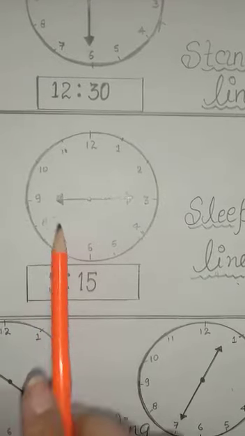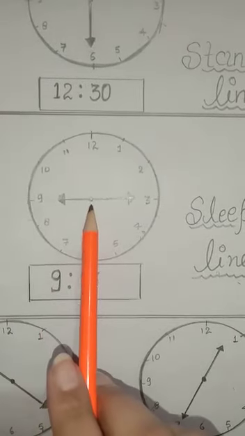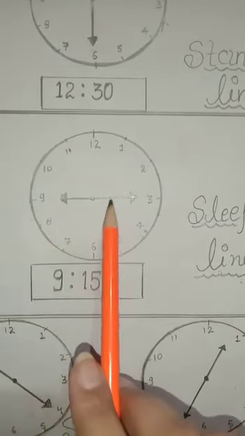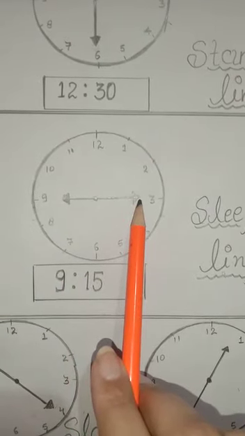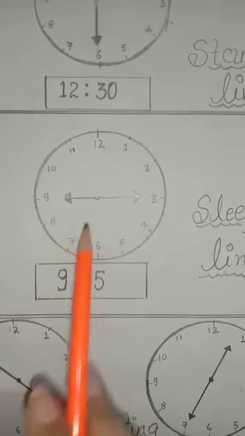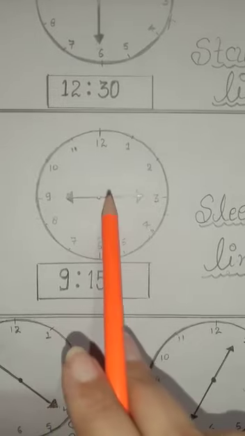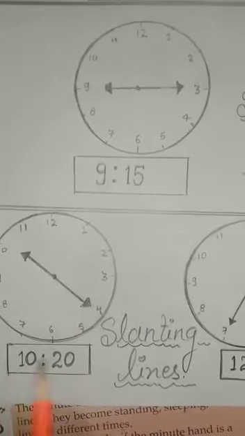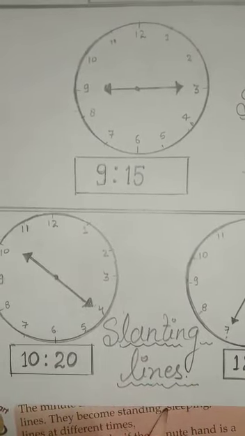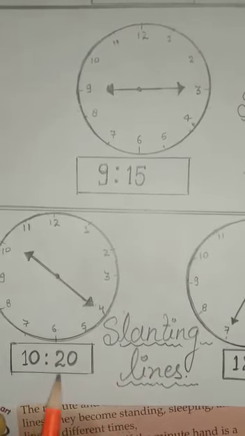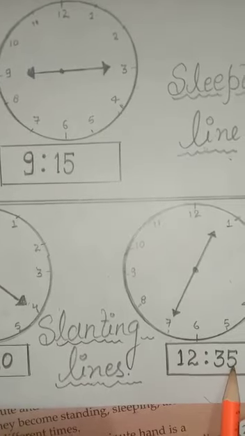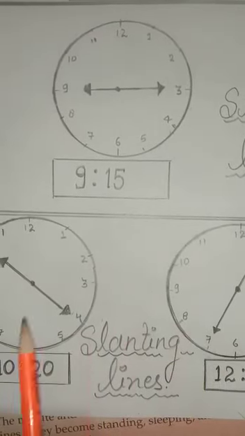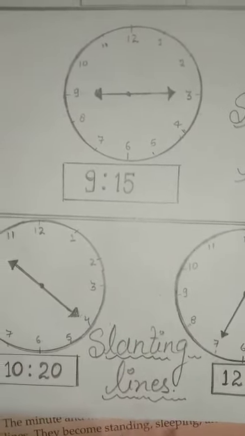The hour hand is on 9 and the minute hand is on 3. So the time is 9:15 and it becomes a sleeping line. Now here are two examples of slanting lines. First of all 10:20 and 12:35, and they become slanting lines.